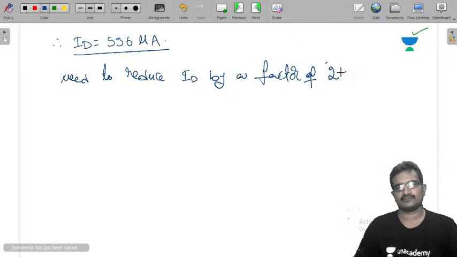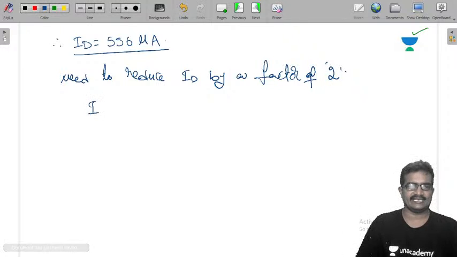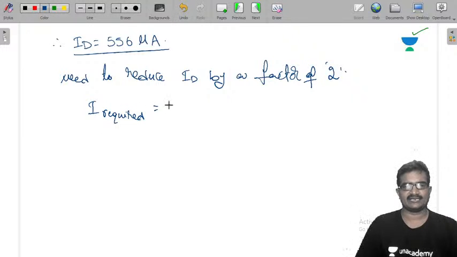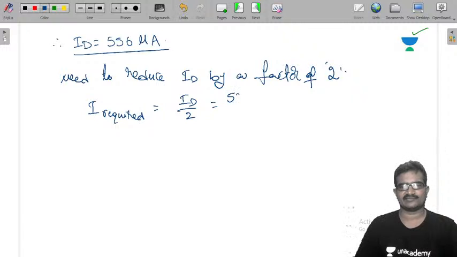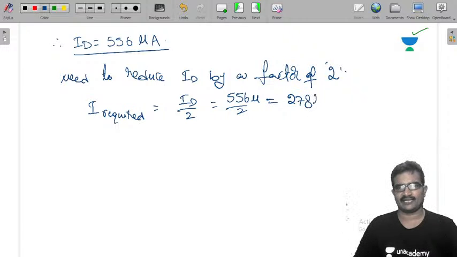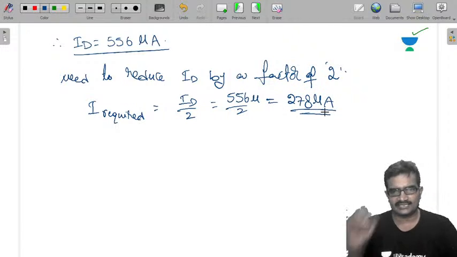Therefore, required ID is ID by 2. That is 556 by 2, that is 278 microamperes. That is the ID value.